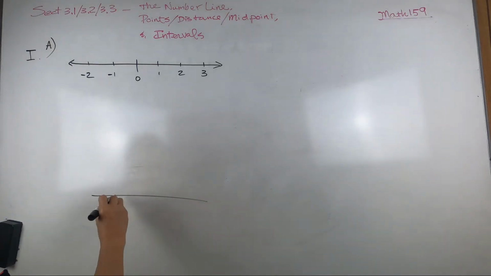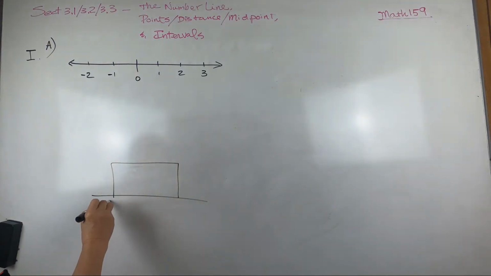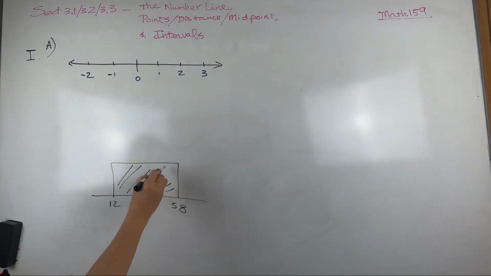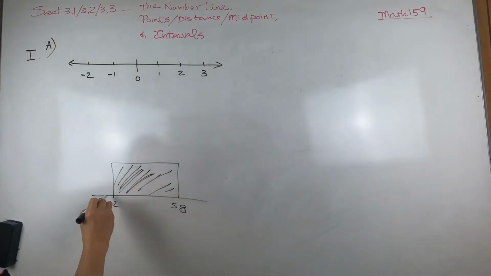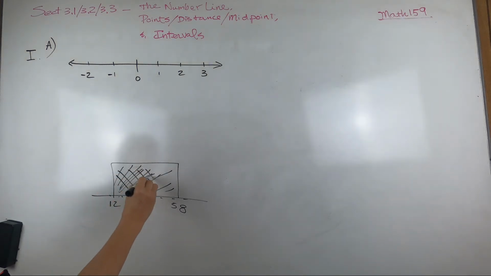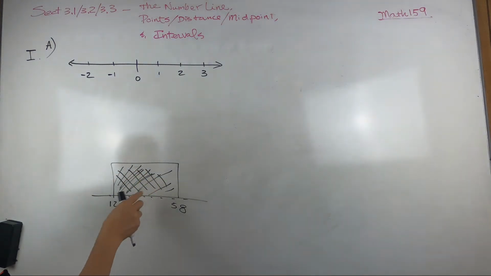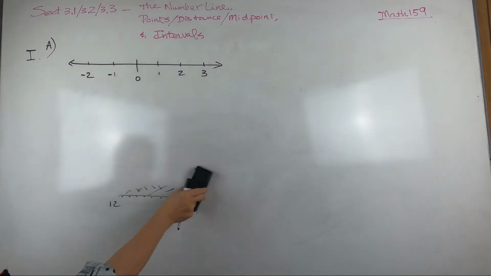Just like a uniform distribution we plot on the number line, like 12 to 58, right? Then this portion, we visualize it. We study all those numbers from 12 to 58, then we visualize the result above the number line. We use the picture to show it, okay?